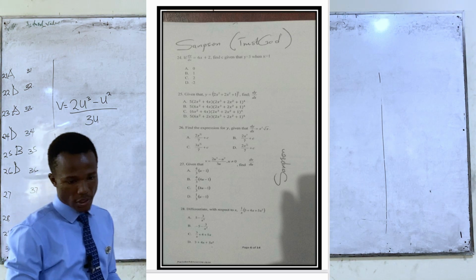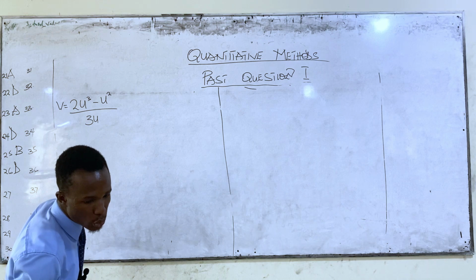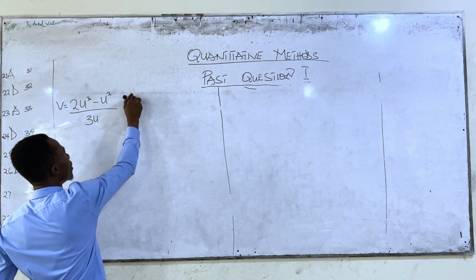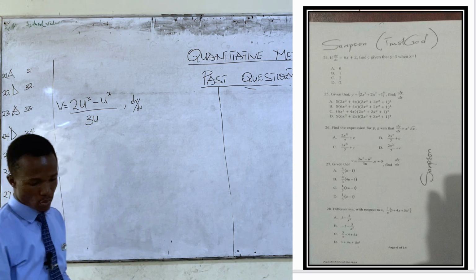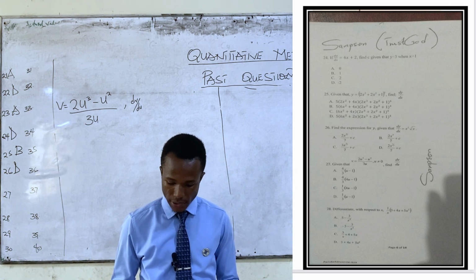We are to find dv du. That is what we are going to calculate for.